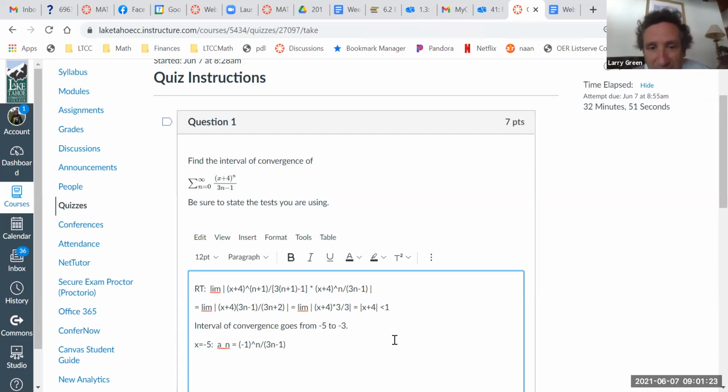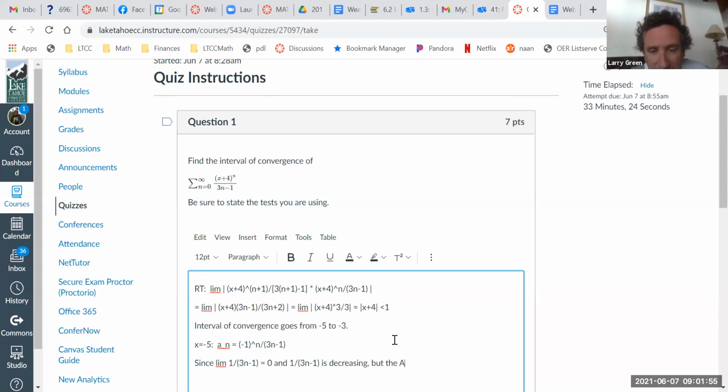Yeah, we're going to use the alternating series test. So since the limit of 1 over 3n - 1 is equal to 0, and 1 over 3n - 1 is decreasing, because as n gets bigger, the denominator gets bigger, which means the fraction gets smaller.